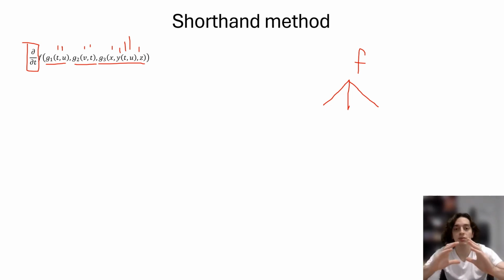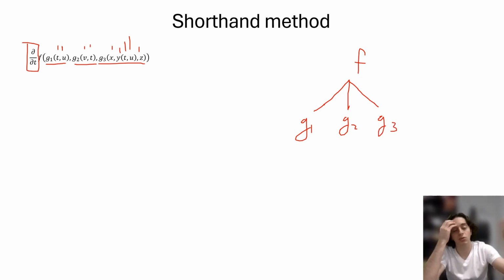You're putting the entire function that is going into that input, into that element in the vector input into f, and you're just shoving it into that place. So f is taking g1, g2, g3. This is basically the thing that's going into f.